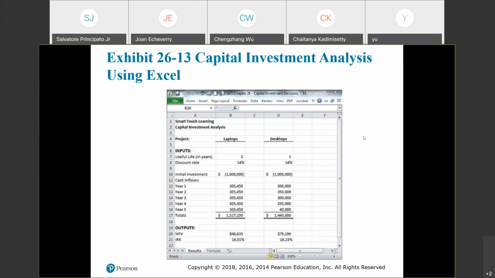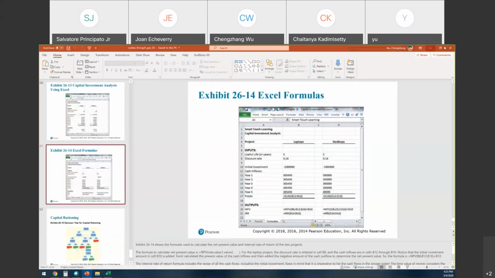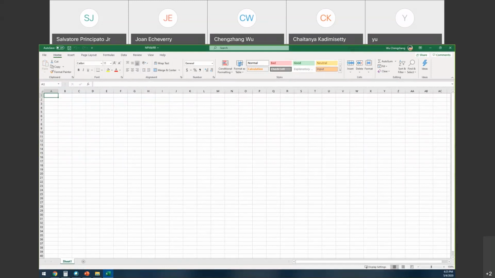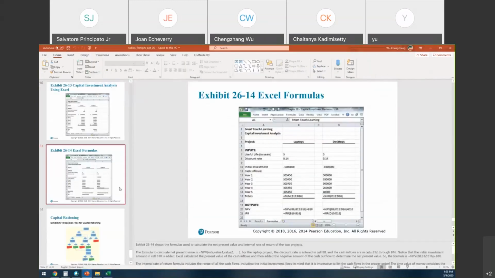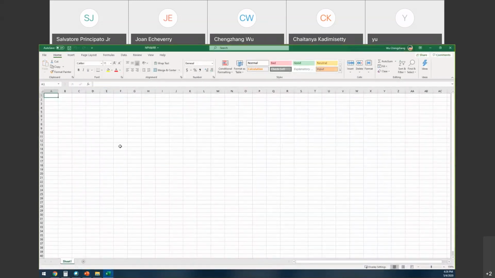To do this, it is better, as I said, to use Excel. So now I will use this example to show you how IRR and NPV are calculated using Excel.